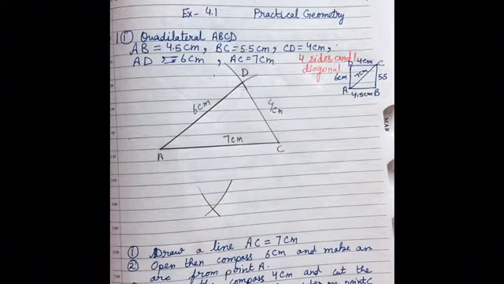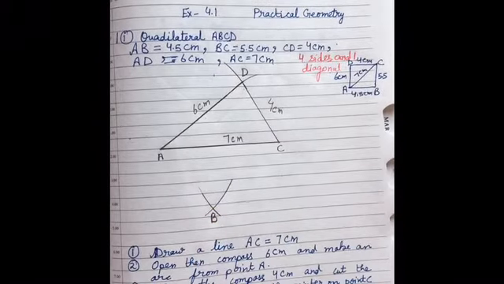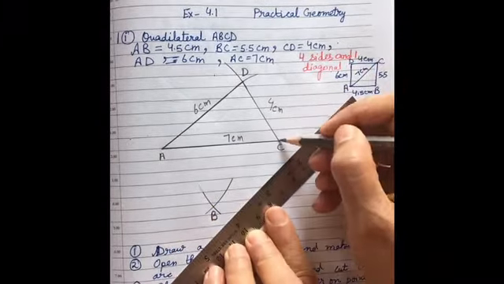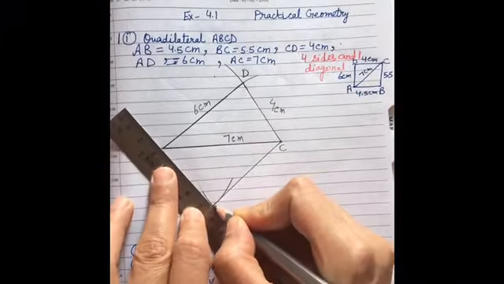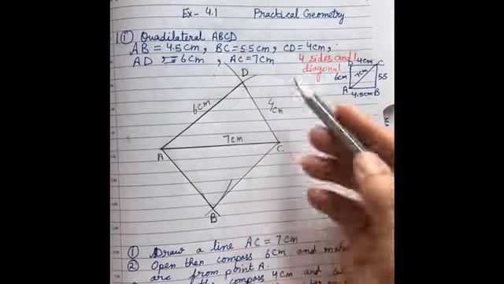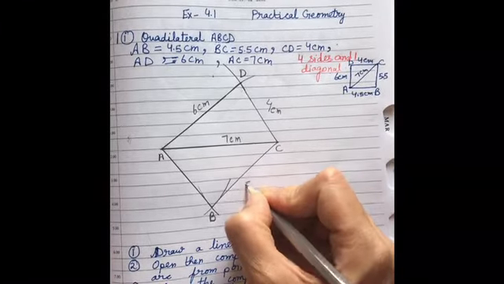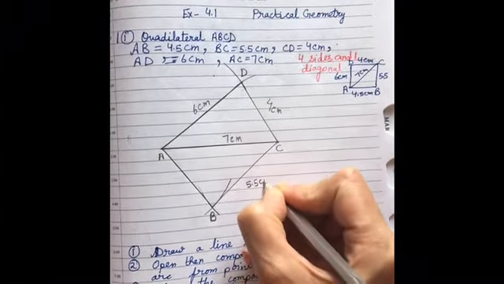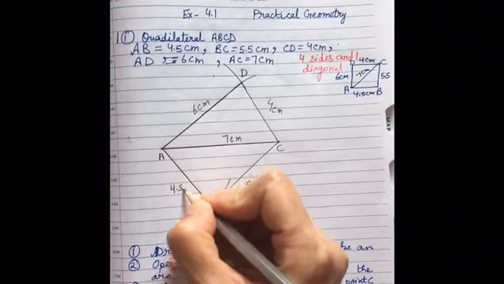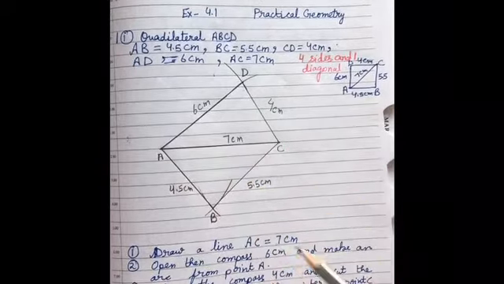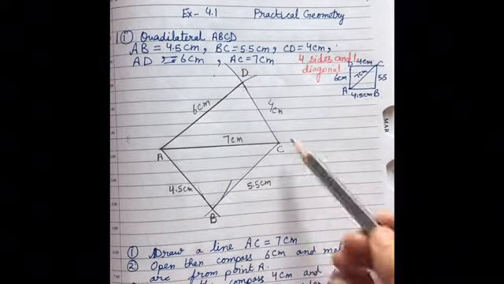This is going to be your point B. Join these 2 points. You can see the full quadrilateral has been made. Just write down the measurements. This is 5.5 centimeter and this is your 4.5 centimeter. Fine. So this is your quadrilateral ABCD.